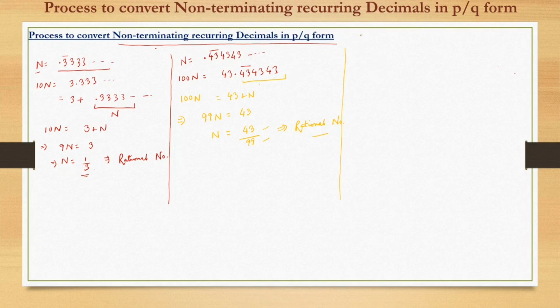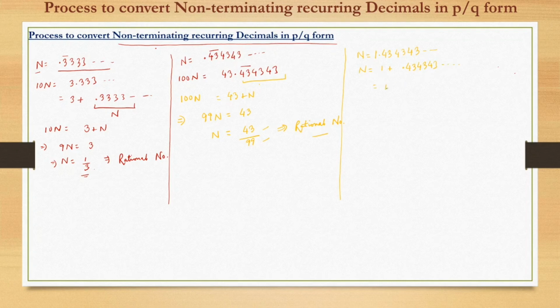Now taking another example, say the number n is equal to 1.434343. Again it is repeating. What would be the process to convert this into p by q form? We can write n is equal to 1 plus 0.434343 and so on.